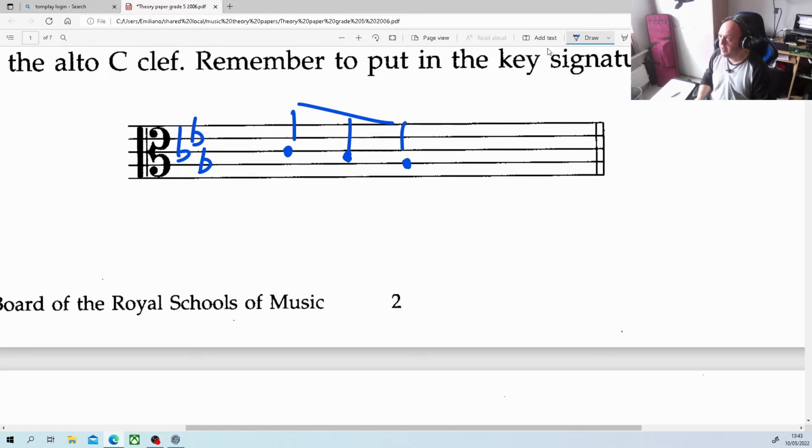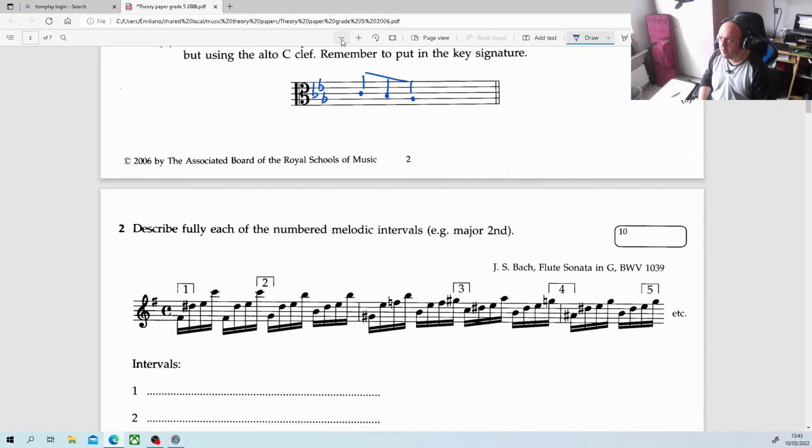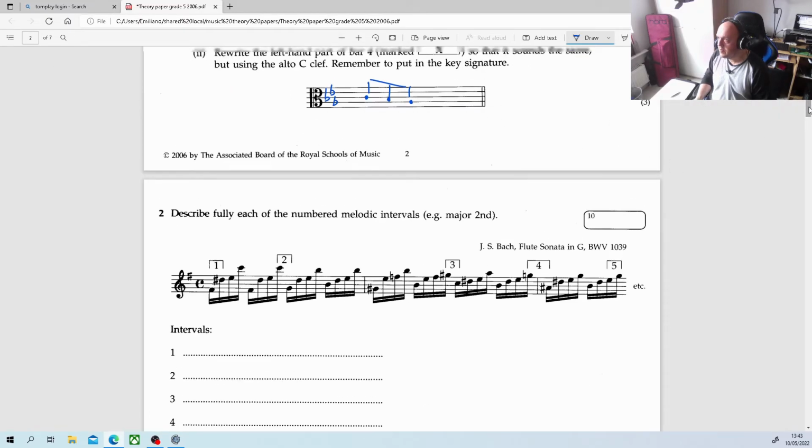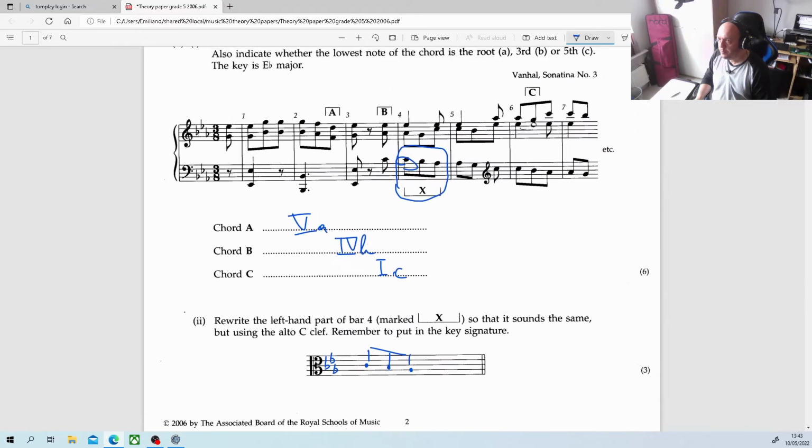Yeah, I could be happy with that. There you go. That's it. So that's bar 4 in the alto clef with the key signature. Yeah, I'm happy with that. Let me clean it up.